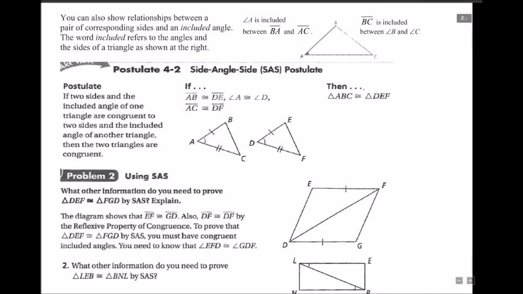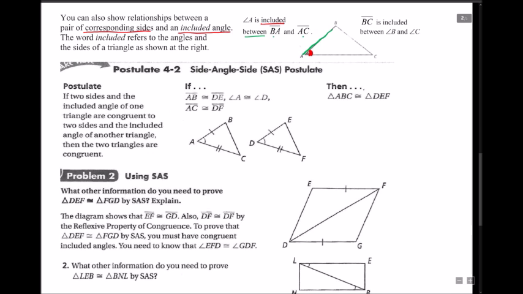we need a little bit of vocabulary here. We are going to be talking about corresponding sides and an included angle. Included, if you include something, you make sure that it's part of the group. An included angle, angle A here, is included between 2 segments.